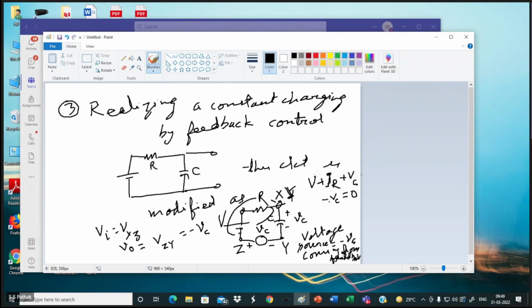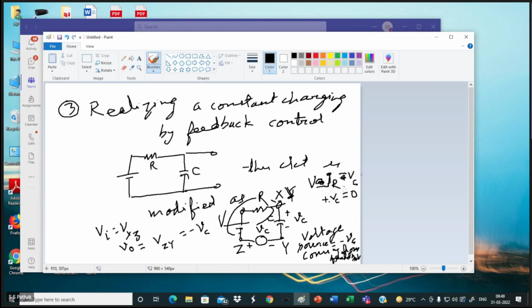So it becomes V minus IR, minus VC plus VC, going like that. In both cases, VC gets cancelled.